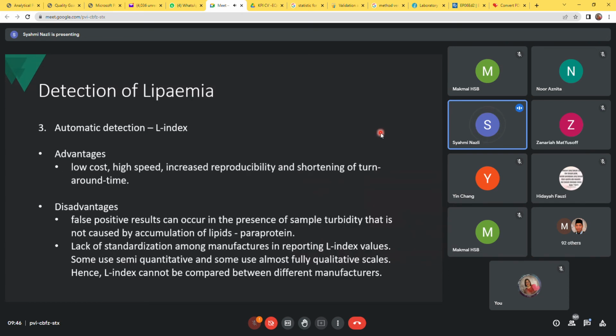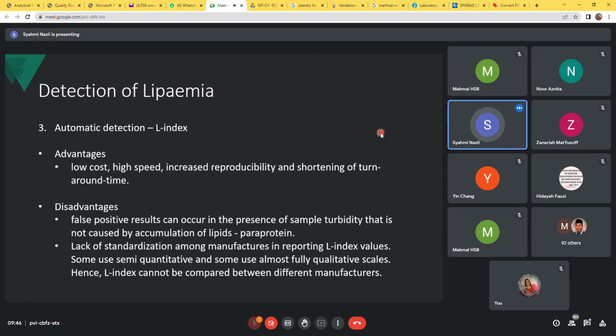So the advantages of this automatic detection are low cost, high speed, increased reproducibility, and shortening the TAT. However, there are a few disadvantages. It can lead to false positive results in the presence of sample turbidity that is not caused by accumulation of lipids, like a high amount of protein in multiple myeloma patients.